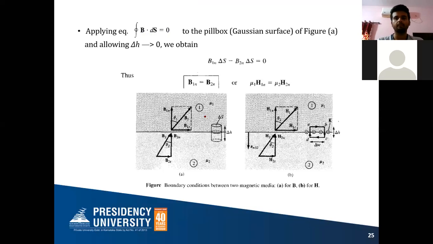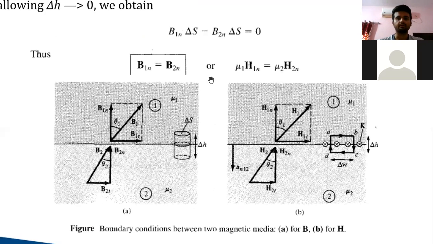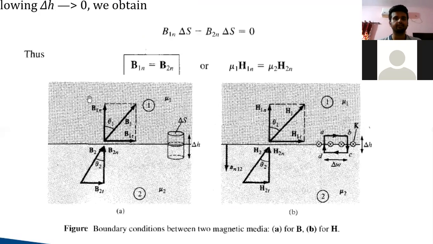Now see, just recall, I had drawn this type of diagram before also in electrostatic fields. In that case, it was electric field here; in this case, it is magnetic field here. Otherwise, everything is the same. We have an interface here. This is the boundary.